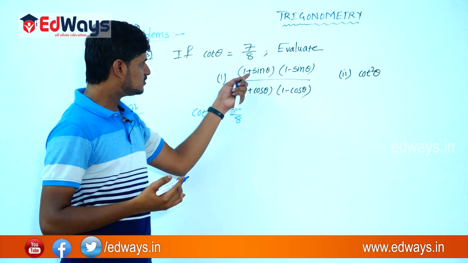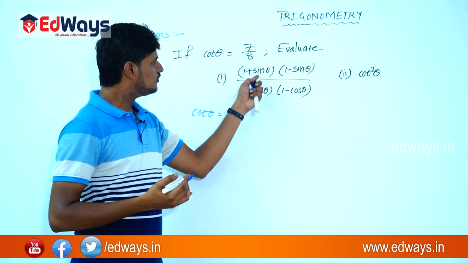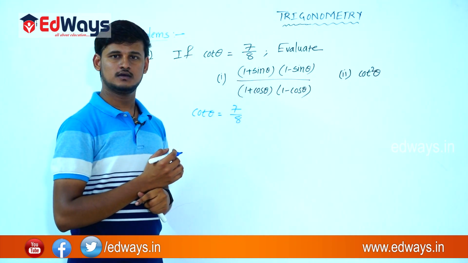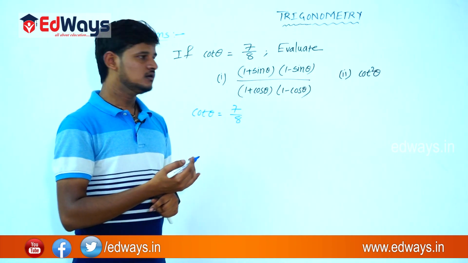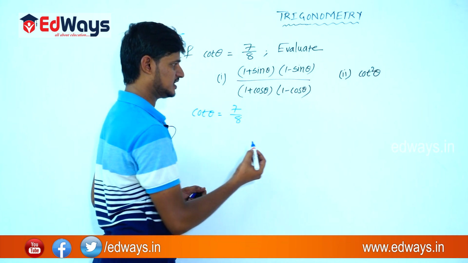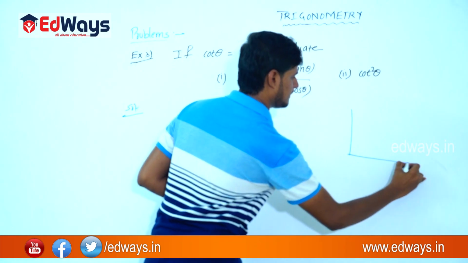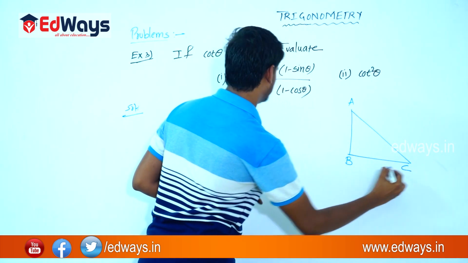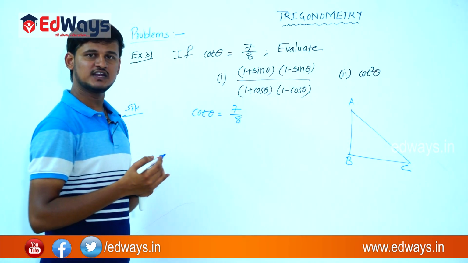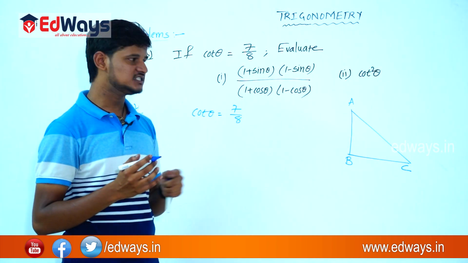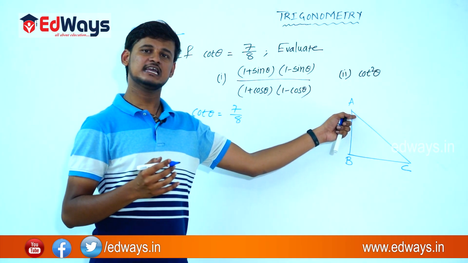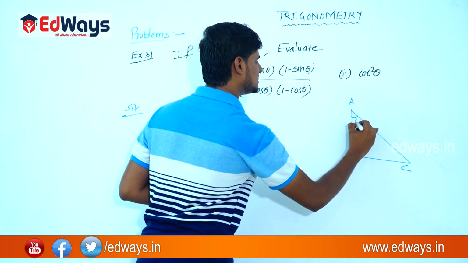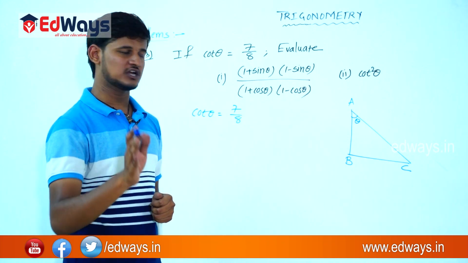Okay. So now if you observe the first question, if you find sin theta and cos theta, you can easily substitute those values here. So first let us find all the trigonometric ratios using the Pythagoras theorem. A, B, C. They mentioned theta is the reference angle, which means it's your wish, either you can take A or C. As I said earlier, I am going to take A as my reference angle throughout the trigonometry.